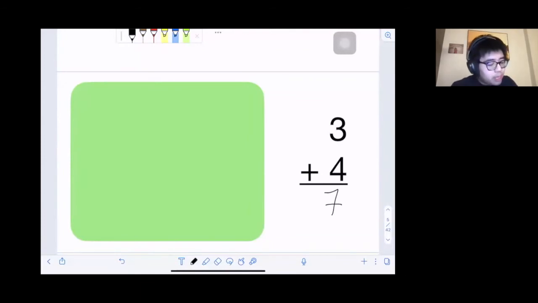No? So paano natin ito ima-model? Well, the simplest way is to draw 3 at saka 4. So for 3, we will use 3 boxes. 1 box, 2 box, 3 box. At yan na yung model for 3.